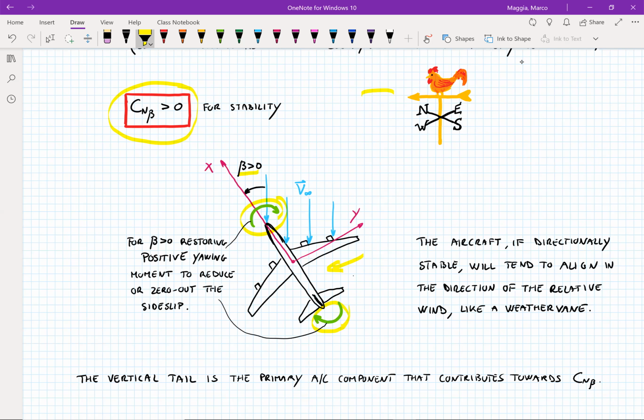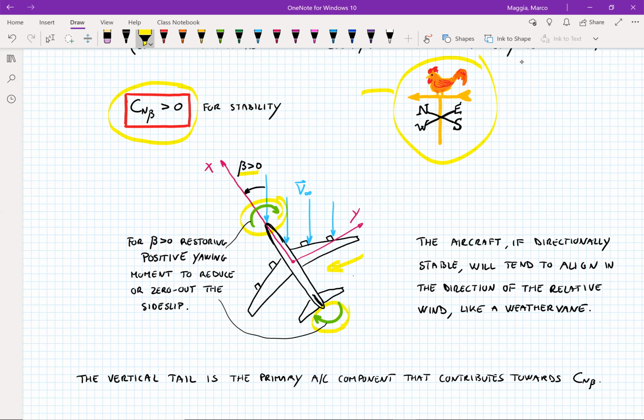If the airplane would produce a moment on the other side, so a negative yawing moment, then the side slip angle would increase instead of decreasing. And so the directional motion would be unstable. But in case of a directionally statically stable aircraft, the aircraft will tend to align in the direction of the relative wind, exactly what happens with the weather vane.